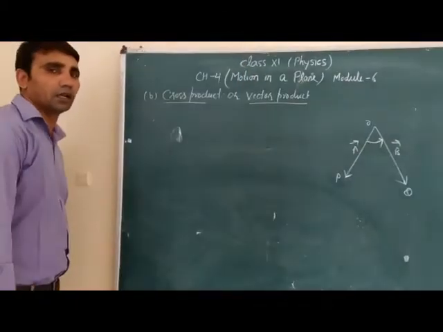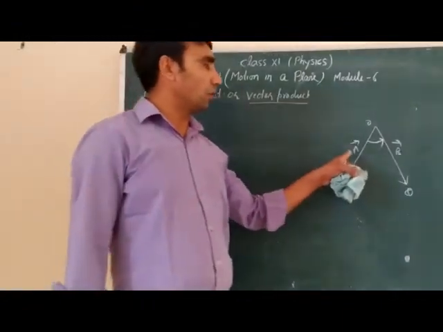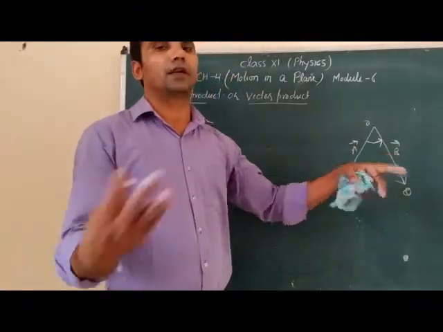The cross product of vector A and vector B is another vector.